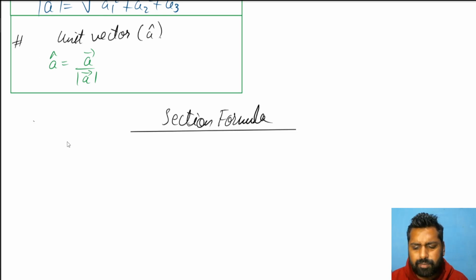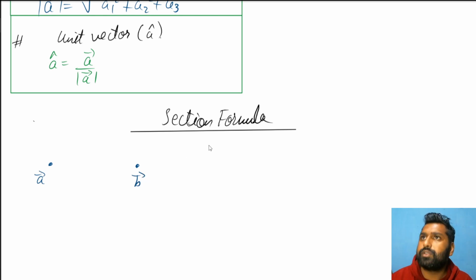Again, section formula: usually you divide, the idea was that you had a point in between a line segment and it divides it in some ratio. Same pretty much idea here also. So let's say you have 2 points. This time the point will be represented by a position vector. Let's say point A has a vector as its position, and point B has b vector as its position.